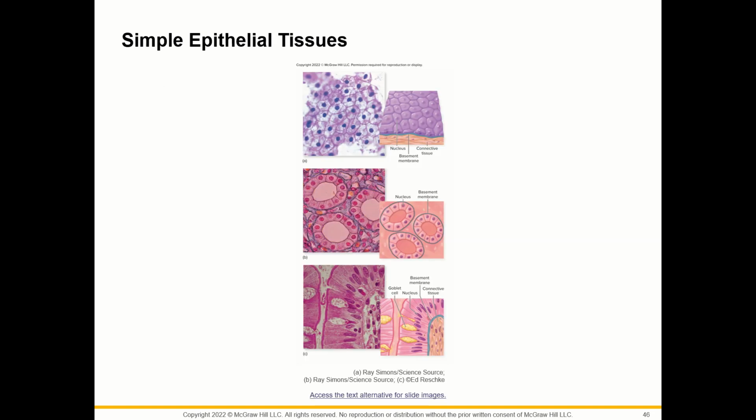Those are pictured in figure 1.12, a nice big illustration in your book. The simple squamous is A at the top, the simple cuboidal is B, and the columnar is C.